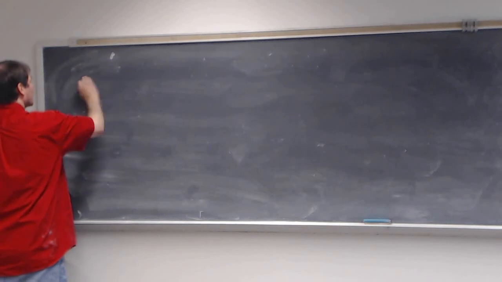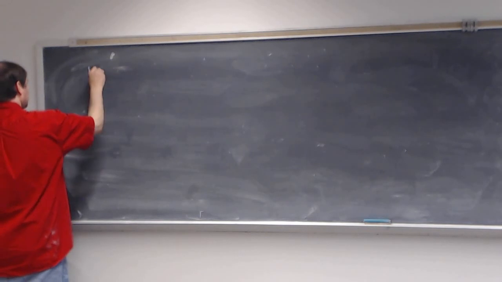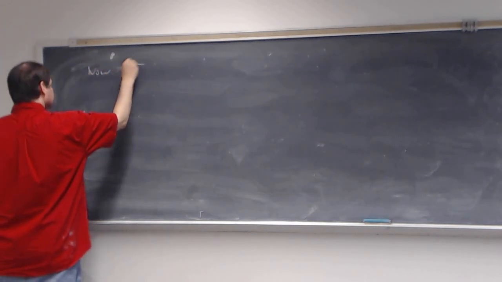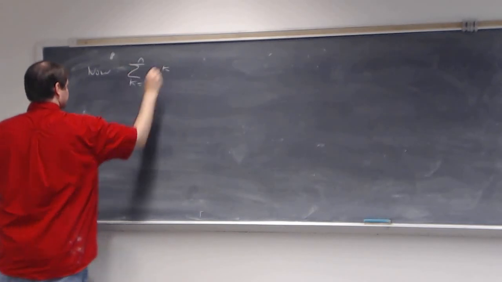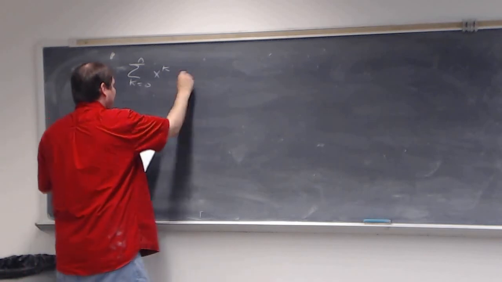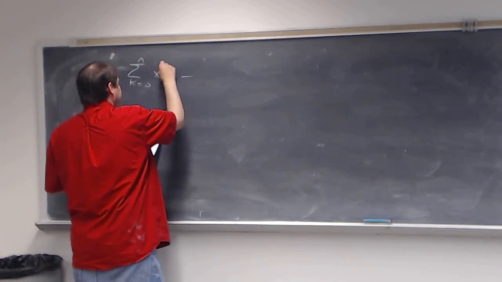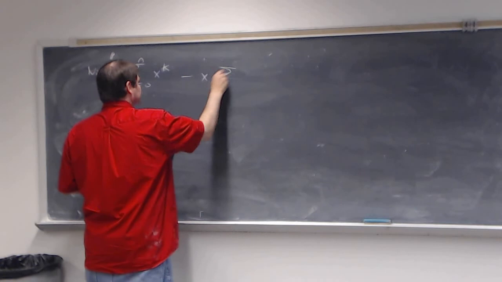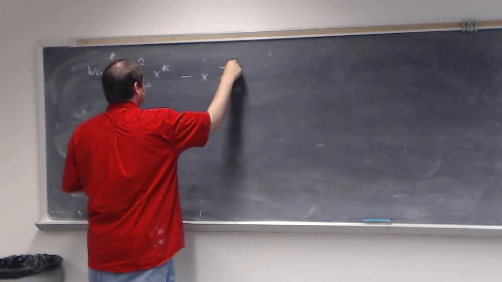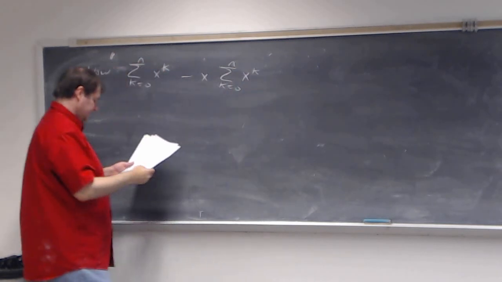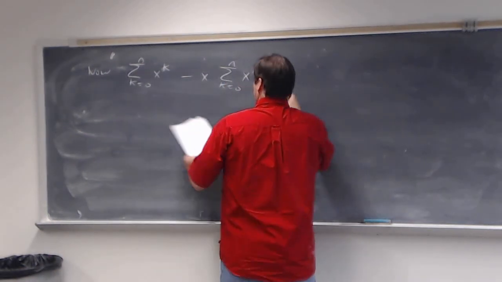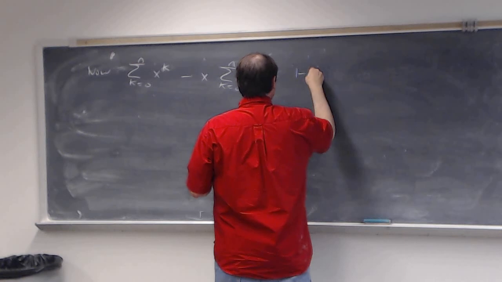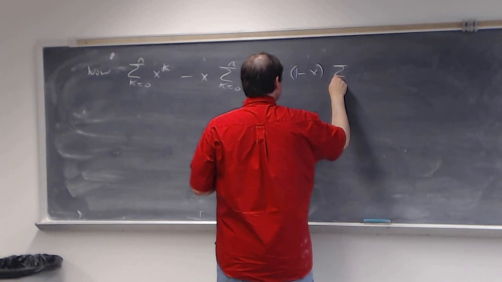Now, there's a little trick here. If we examine the sum as k runs from 0 to n of x to the k minus x times the sum as k runs from 0 to n of x to the k, well, first of all, that can be rewritten if you think of the sum as just one quantity. It's really 1 minus x times that sum.